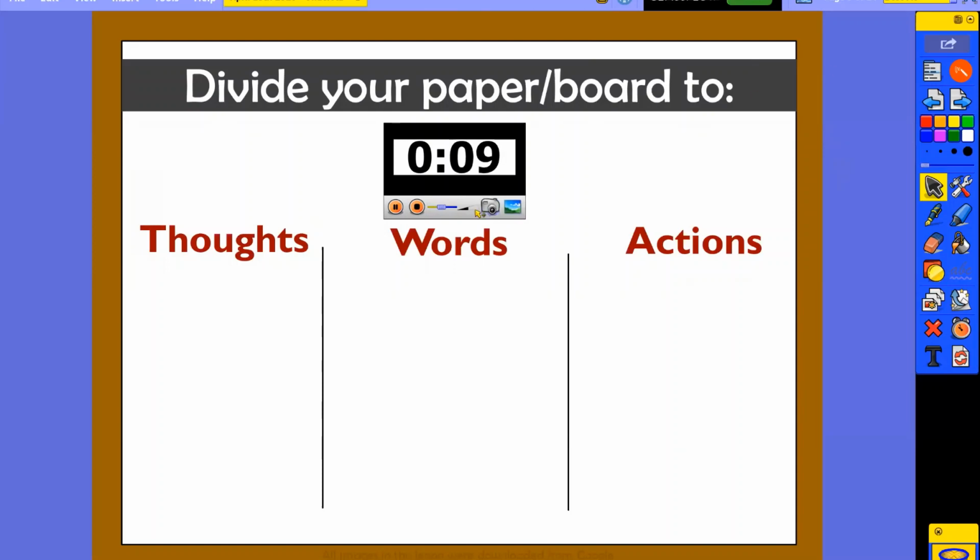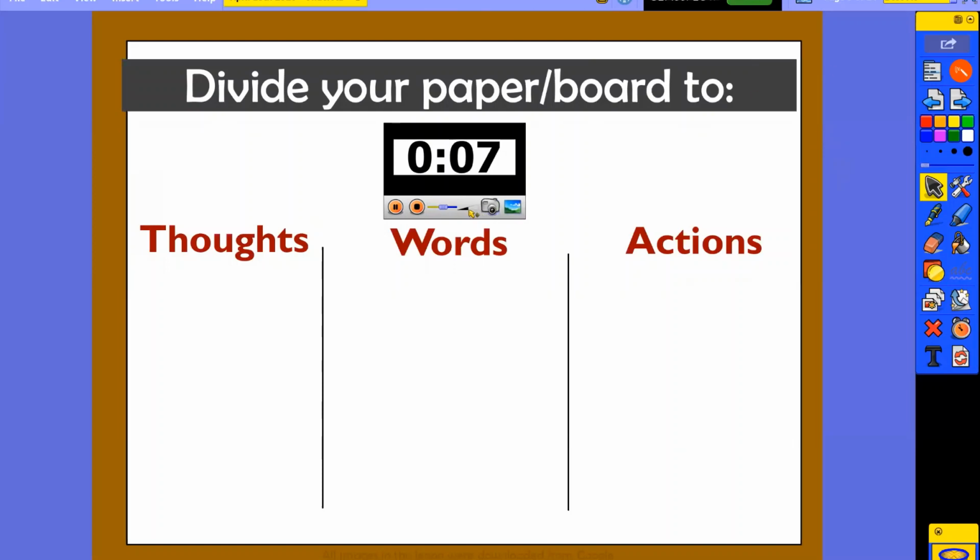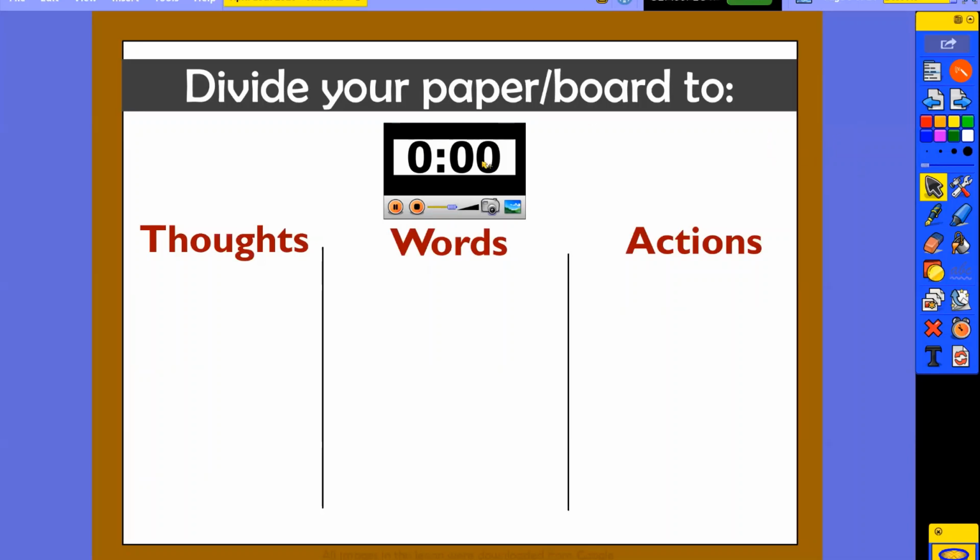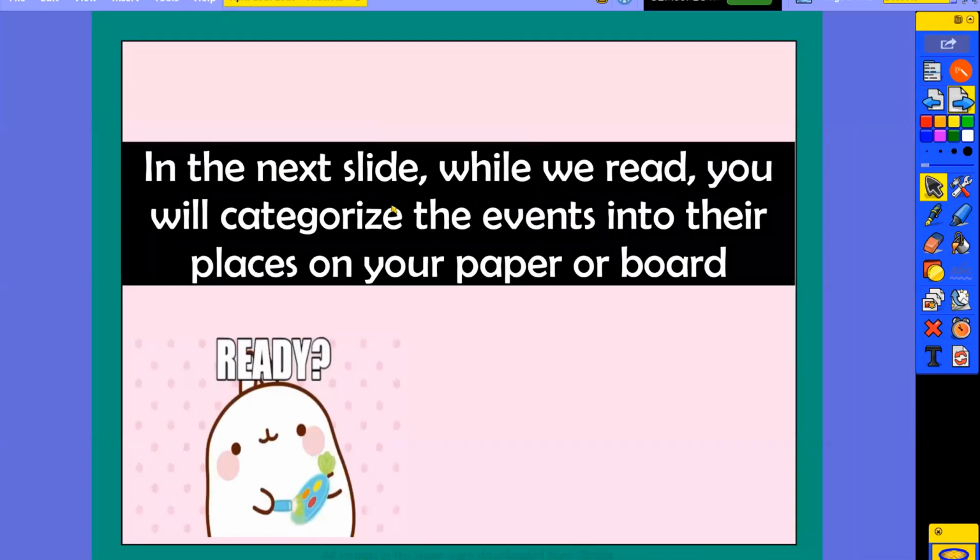Let's see if you can beat the timer. Okay, time is up. So, did you divide your paper or board into 3 sections? Then let us go to the next slide.